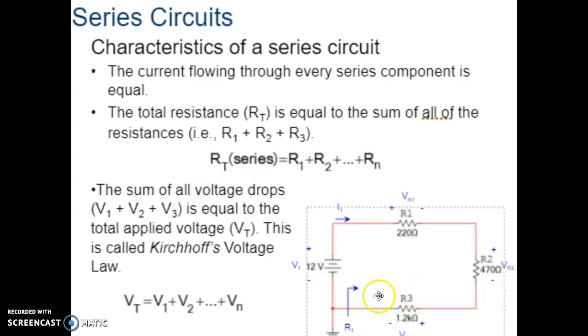They threw that one in there to hang us up. What this says is basically all of these resistors added together will equal the total amount of resistance. And that's using Kirchhoff's voltage law, the drop in voltage, because every time a volt goes across one of these resistors, it drops in voltage because it's using those volts.